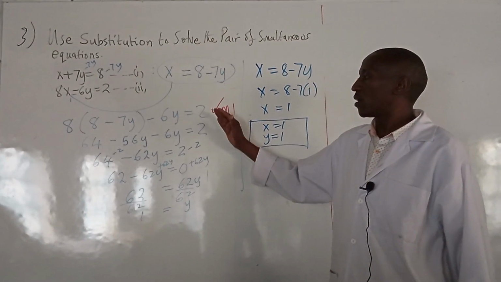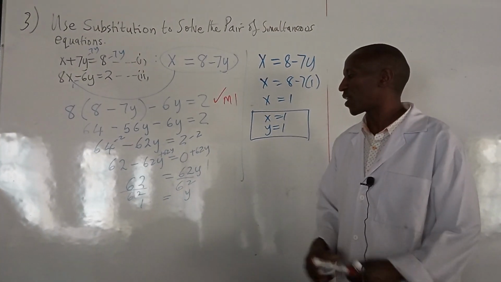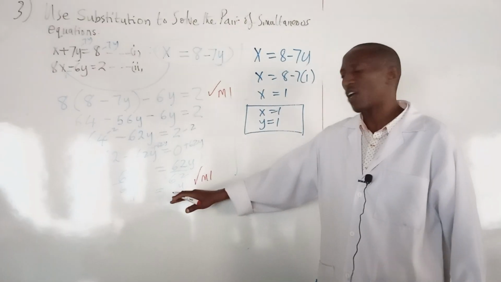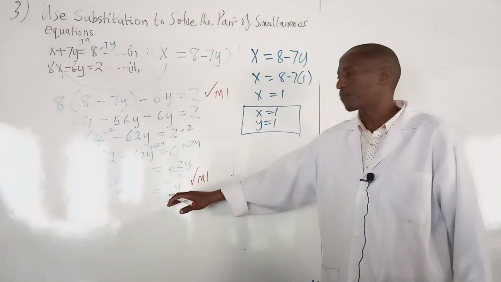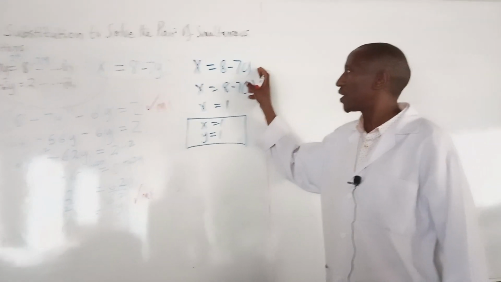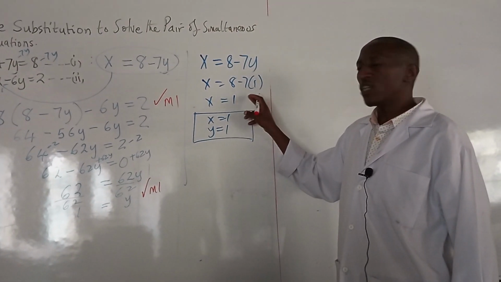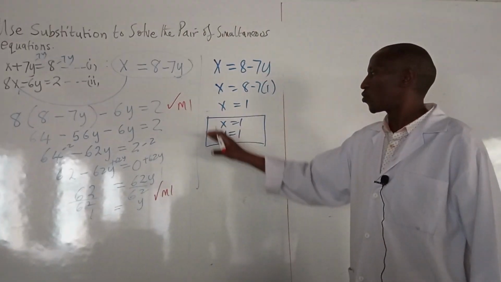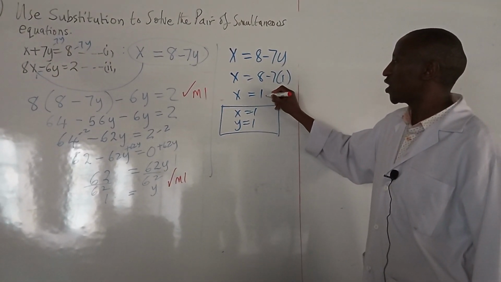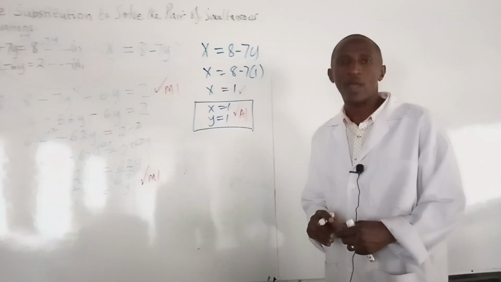Now, we operate by opening the brackets and putting the right terms together until the student is able to get the first unknown correct, and there the student is awarded an M1. Then, after substituting the first unknown into the equation that the student had and obtains this one, we wait for the student now to get these answers as correct, and either at this point you can award an A1, or at this point you can award the A1.